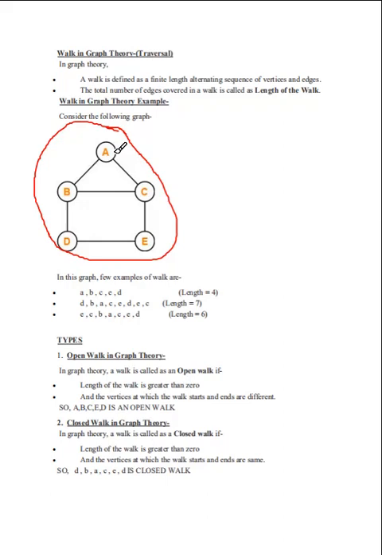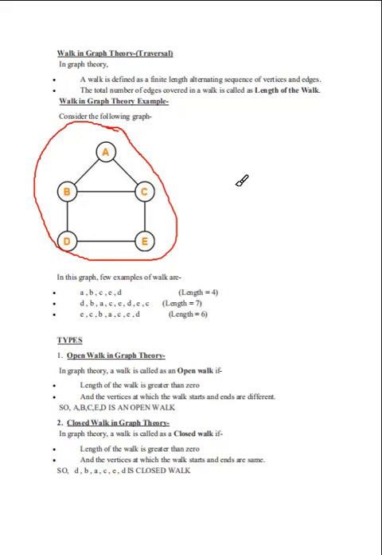I am supposed to walk the graph. That means I want to go from A to E, from A to B, from A to C. How do I go, and what are the types through which I can go? On that we have a class here.